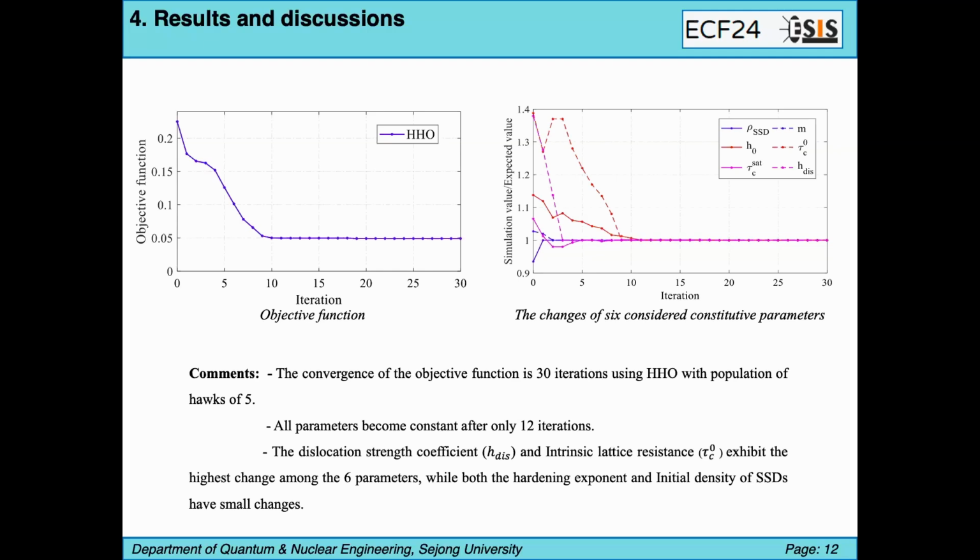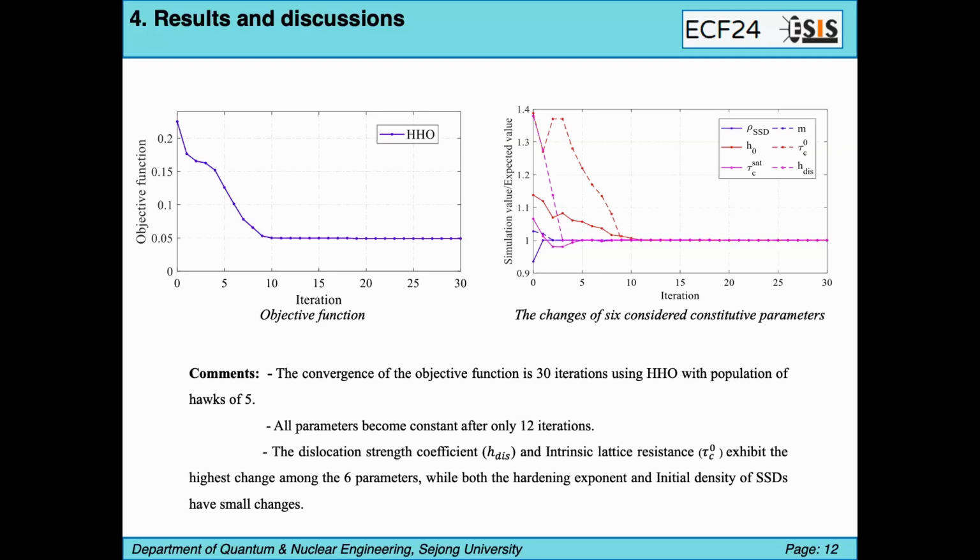You can see here, the convergence of the objective function is at 30 iterations. With SSO, we choose the number of halves as 5. And all parameters become constant after only 12 iterations. You can see here, after 12 iterations, all parameters are constant.